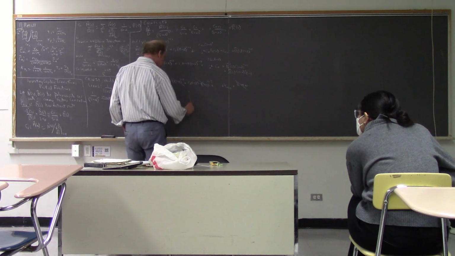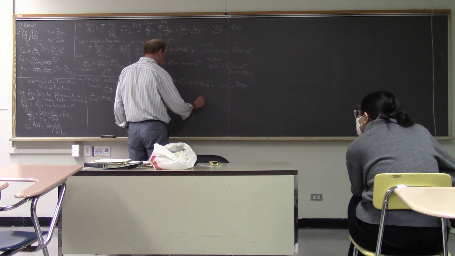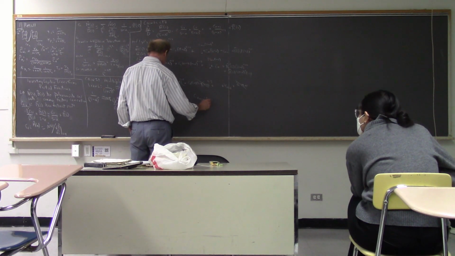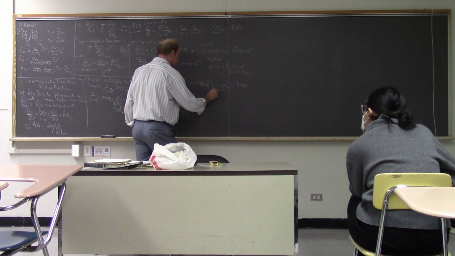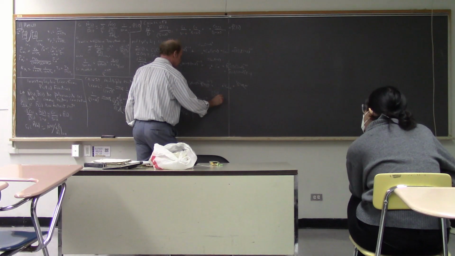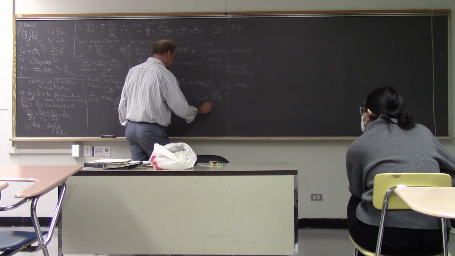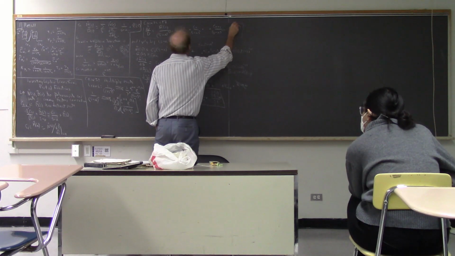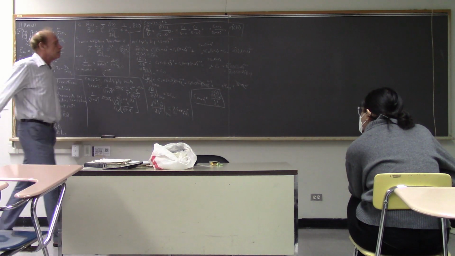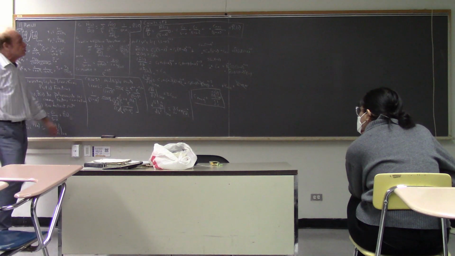So if I rewrite this, I have C(n plus 1 minus j) is equal to the jth derivative, which I'll write this way, evaluated at alpha, over j factorial.